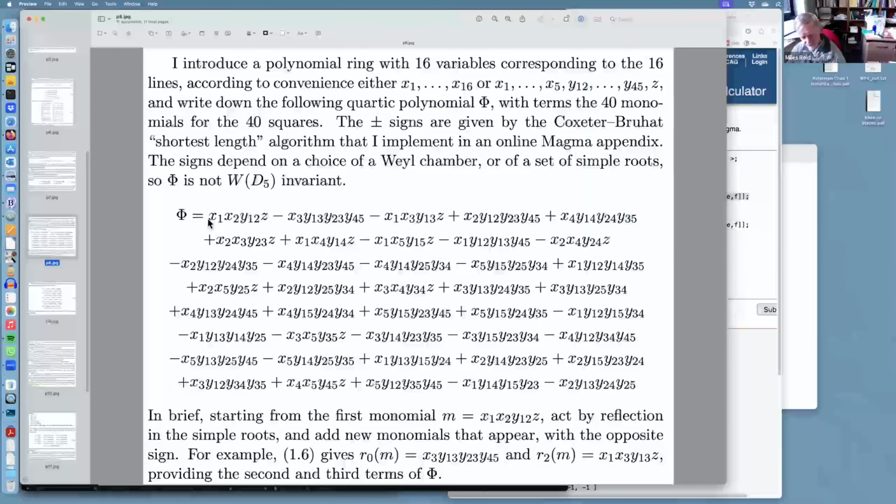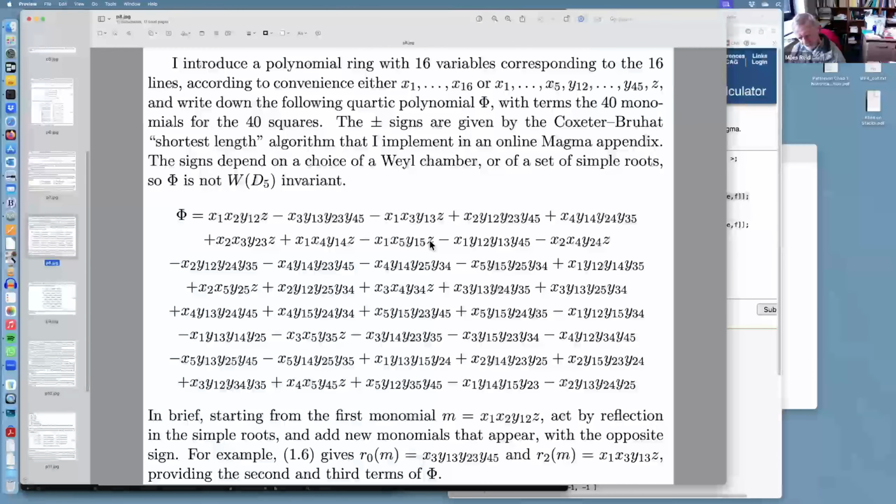It appears in the first monomial, it appears in the second monomial, and so on. So I say take partial derivatives, but there's no differentiation going on here. I'm looking at this polynomial, I'm asking, of all its terms, how many contain x1 and z?